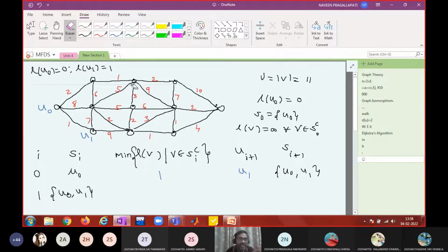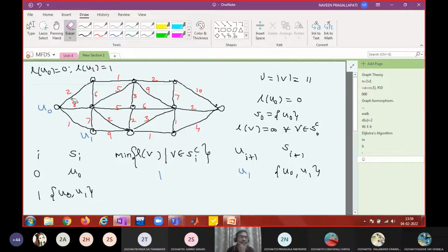Now you have to measure the distance from this directly to this, and measure the distance from this to this, and add the distance from this to this, so that you will get the distance from this to the source node via U0. And among those distances, whichever is shorter, you assign that value to this node. For example, to this node, what is the distance?